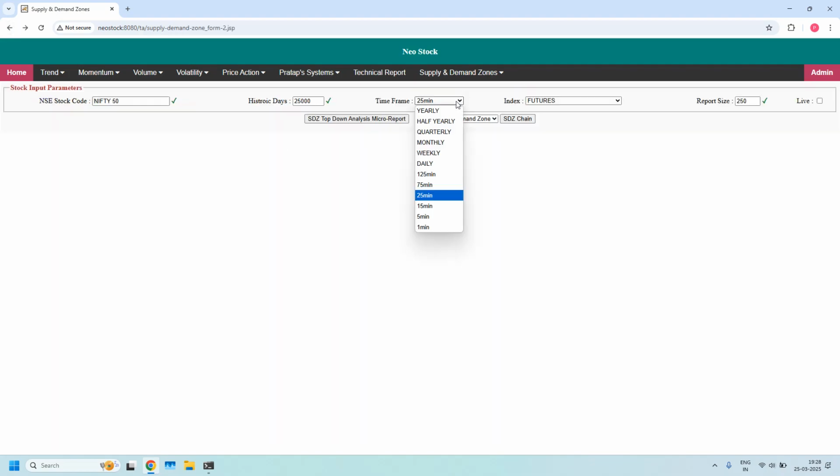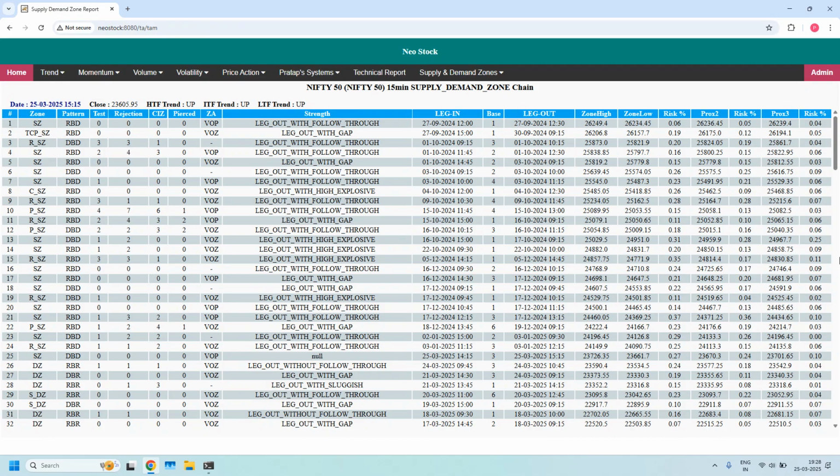Next, 15 minutes supply demand zone chain for NIFTY. So serial number 26 is the nearest demand zone to the current closing price.